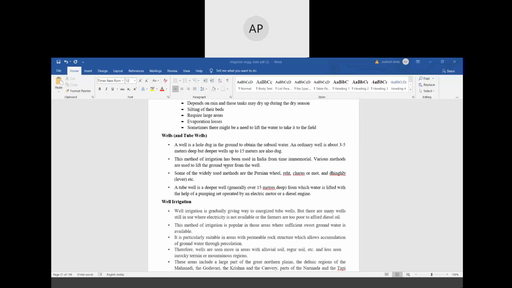Various methods are used to lift the groundwater from the well. Some of the widely used methods are the Persian wheel, Rehat, Kharas or Mot, and Thingli, that is labor. A tube well is a deeper well, generally over 15 meters deep, from where water is lifted with the help of a pumping set operated by an electric motor or a diesel engine.